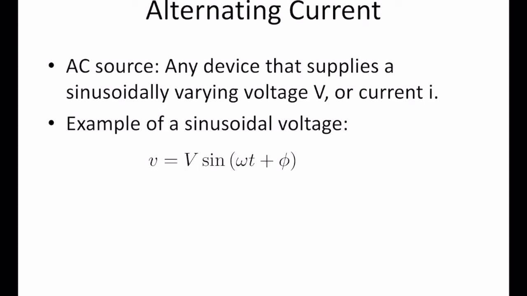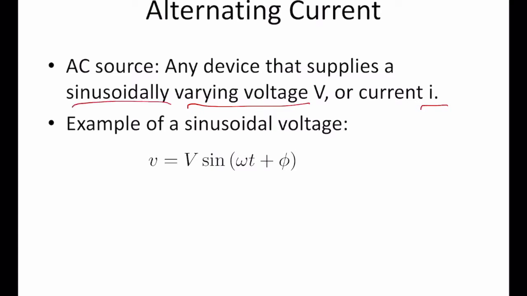But now we are talking about a voltage source which is fluctuating in time, right? An alternating source is a device which produces a fluctuating voltage, a varying voltage, and therefore a varying current, and it has to be sinusoidally varying.